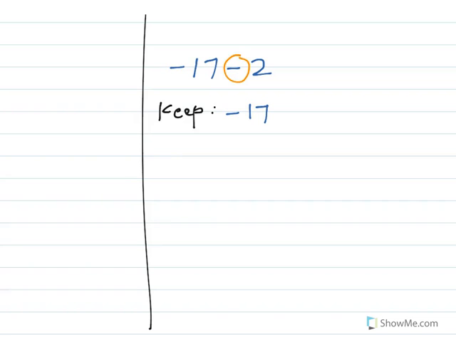So this minus sign is now going to transform into a plus. So this was our change. And now we need to change this positive 2 to a negative 2. So we kept the negative 17. We changed the minus sign to a plus, as you can see right there. And we changed a positive 2 into a negative 2.